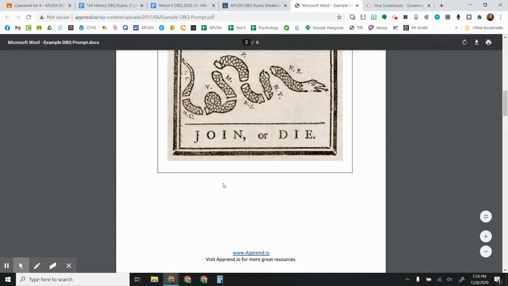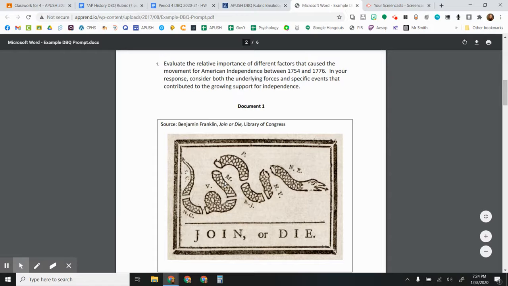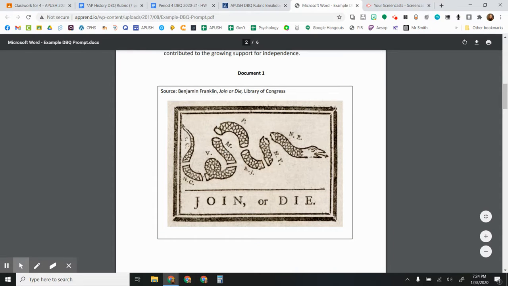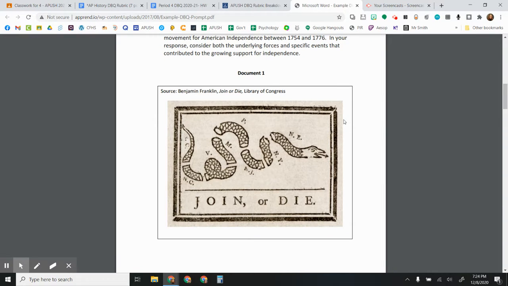And then what they were looking at is this right here. Okay, so you get this political cartoon. You see it is from Benjamin Franklin. If you remember from your studies, this was created right around the Albany Plan of Union. It was the first time that Ben Franklin was like, hey, if we all got together, we could actually sort of do something if we were all on the same page. Okay.